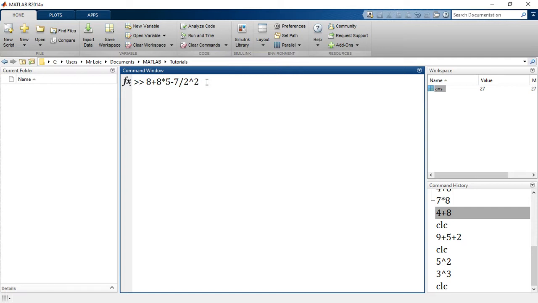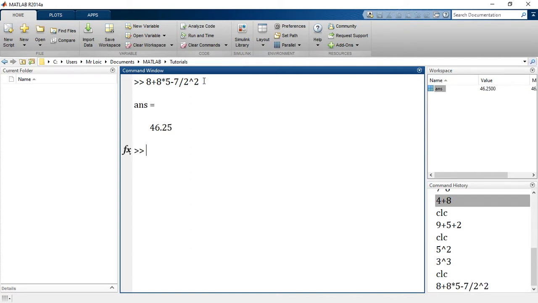Then it will look for the last, which is addition and subtraction, in the order in which they appear from left to right. It will do 8 plus the 40 that it computed minus the 1.75. And what will be the answer?